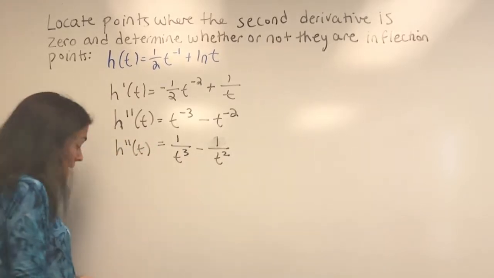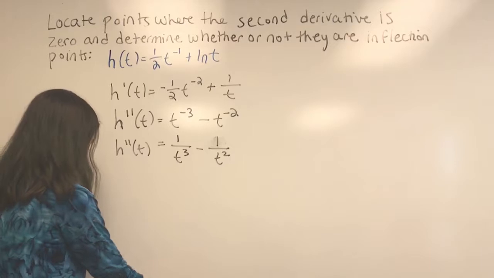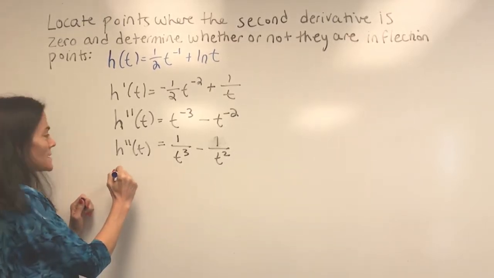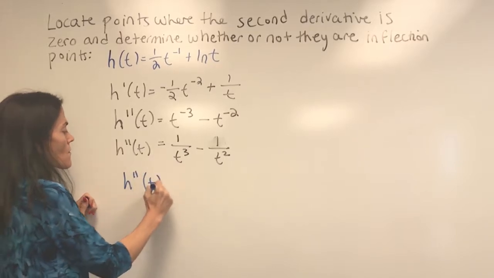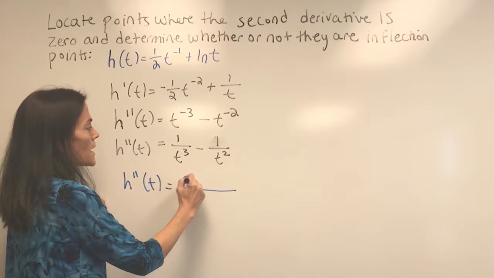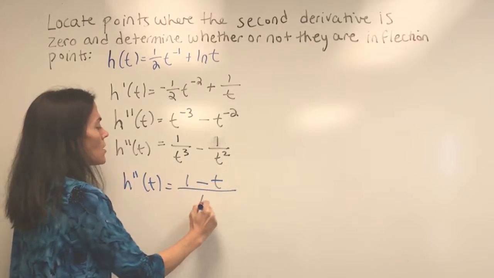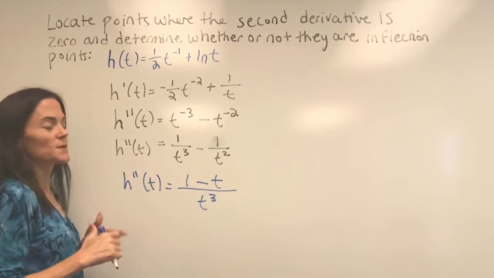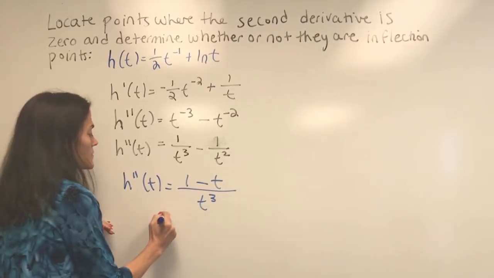And then we could get a single fraction as follows. So if I'm going to do one more step in simplifying, we can have a 1 minus t all over t cubed. Okay, so now it's pretty easy to set to 0.